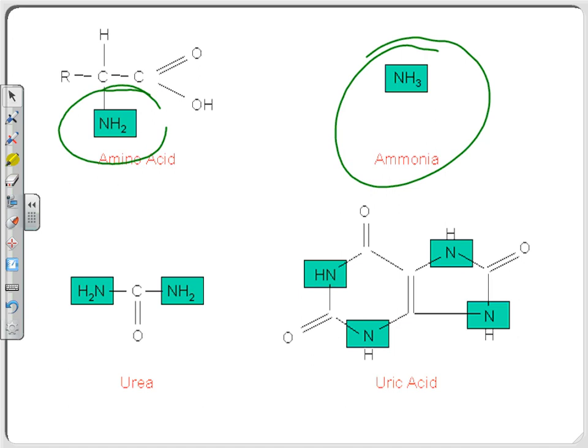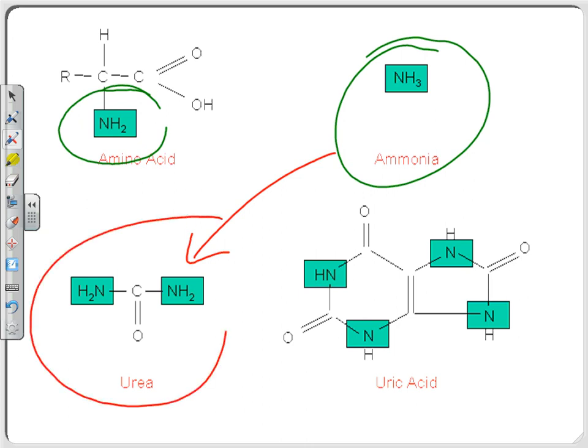In mammals and amphibians, the ammonia goes to the liver, where it gets combined with carbon dioxide, another waste that we need to get rid of, and it gets converted into this stuff, urea.